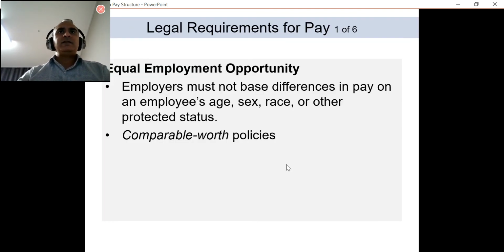First of all, we need to understand we have to give equal employment opportunity. So payment should not be based on age, sex, race, or other protected status. You're going to say, but how about degree? Well, it's not about which university you come from that I'll pay you more.